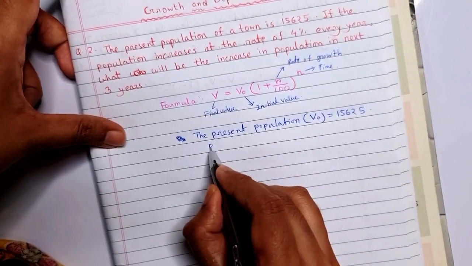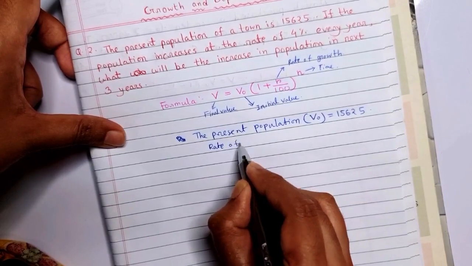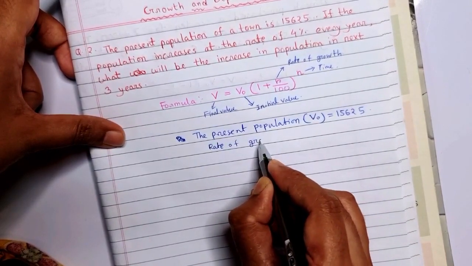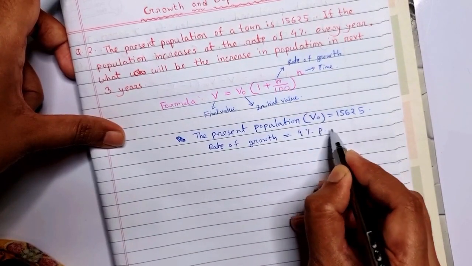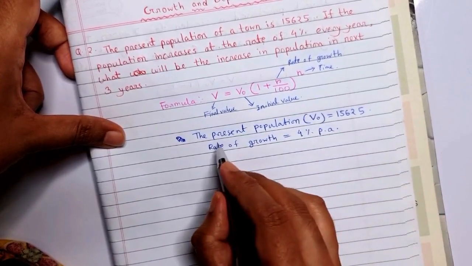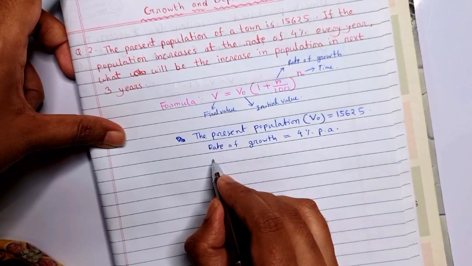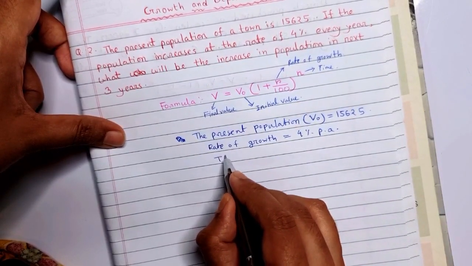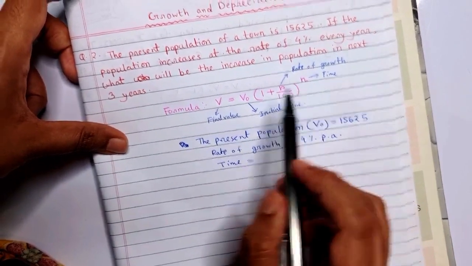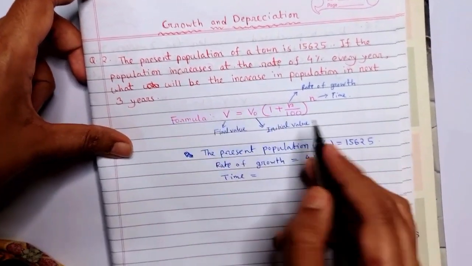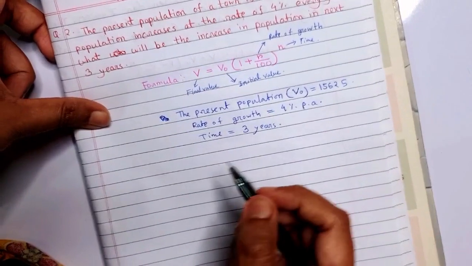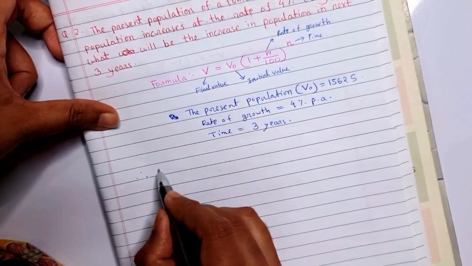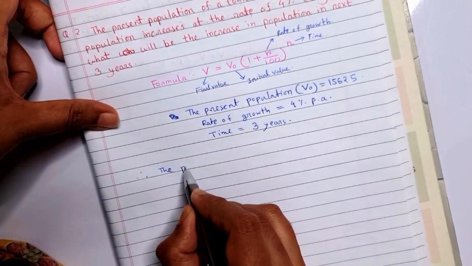Rate of growth is equal to 4% PA, per year or per annum. The time is given as 3 years. Time is 3 years.